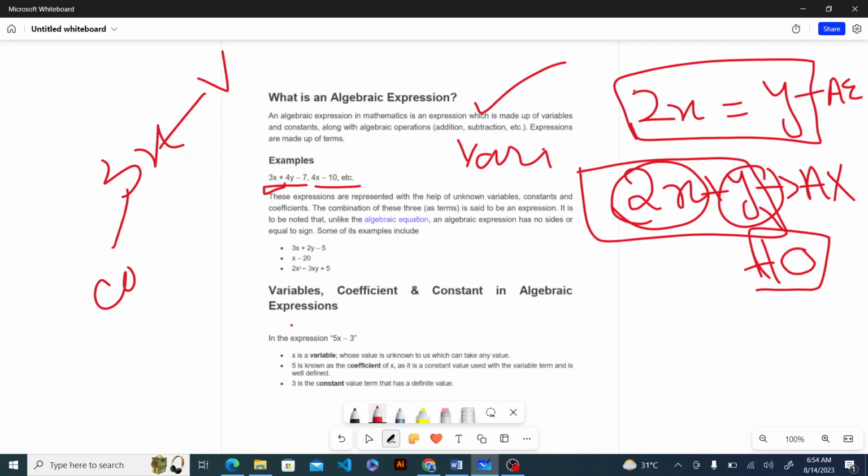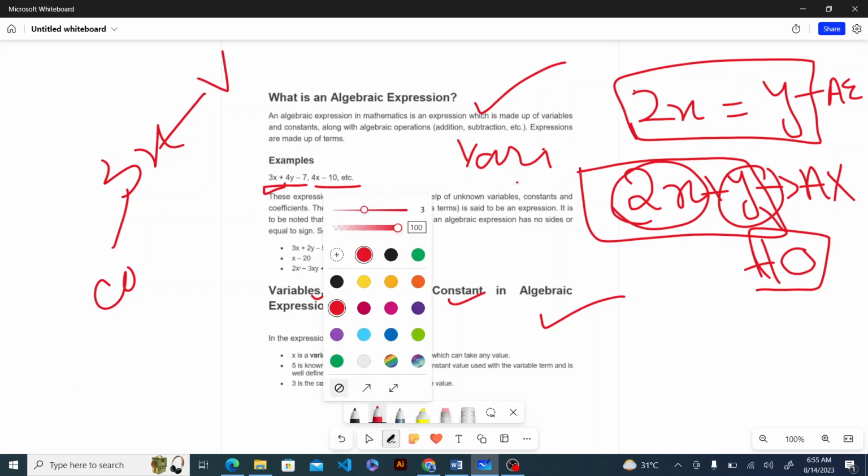Now here is some more explanation on variables, coefficients and constants with an example. The example is here 5x minus 3, and let me zoom it for you.